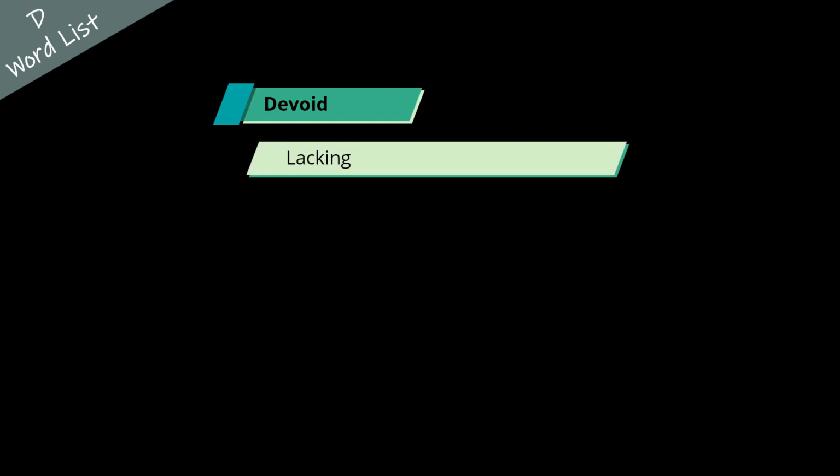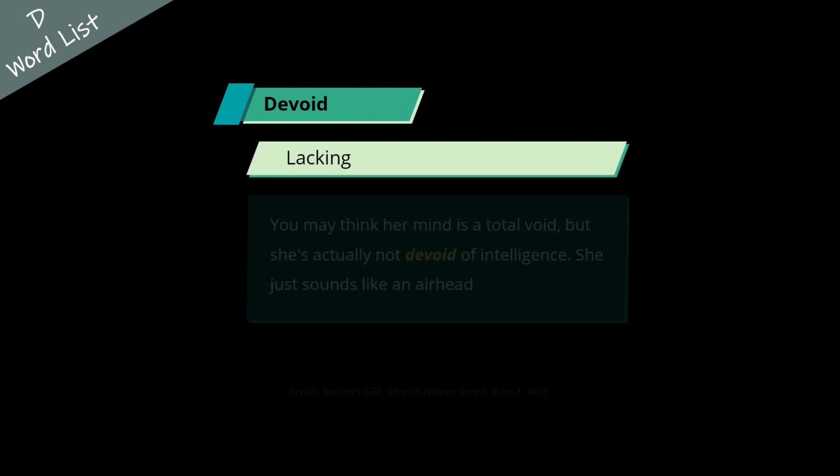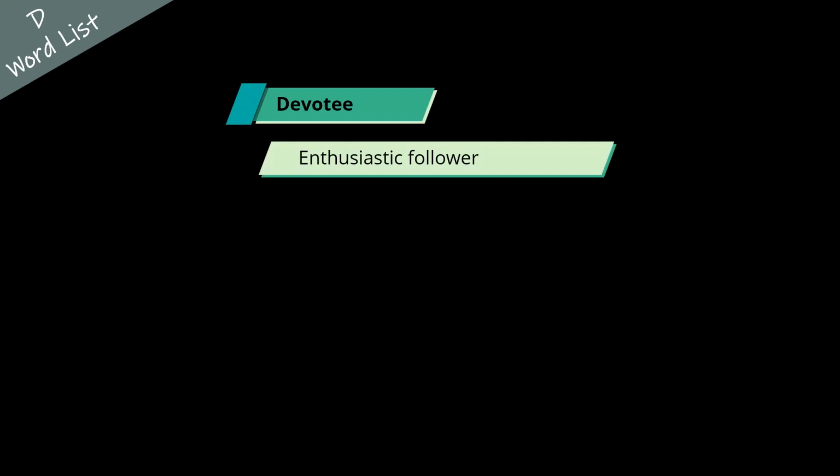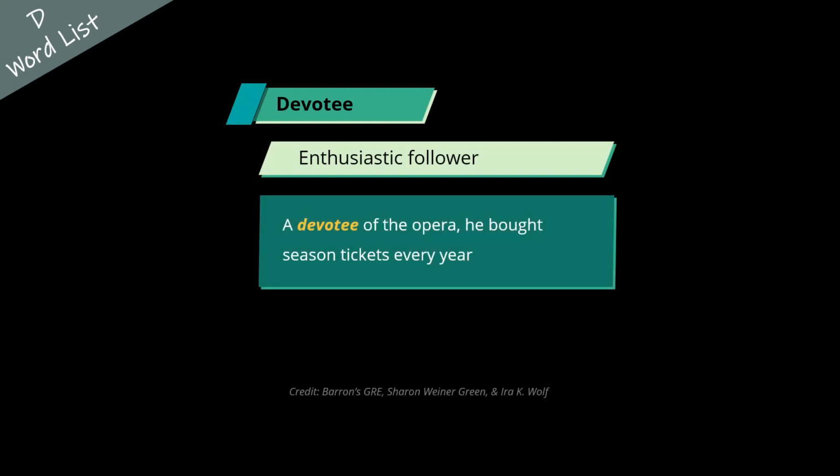Devoid means lacking. For example, you may think her mind is a total void, but she's actually not devoid of intelligence. She just sounds like an airhead. Devotee means enthusiastic follower. For example, a devotee of the opera, he bought season tickets every year.